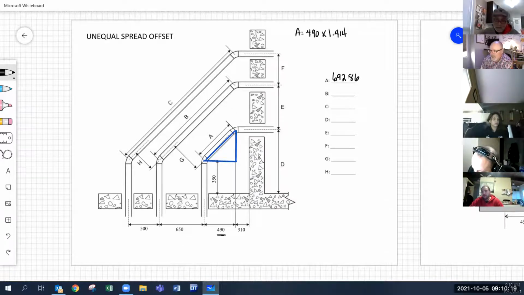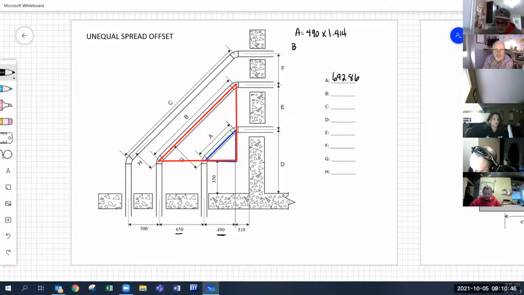Now that I got A, I can move on to B. And B, I'll draw another right angle triangle. Right there. And I have now a run of 650 plus 490.